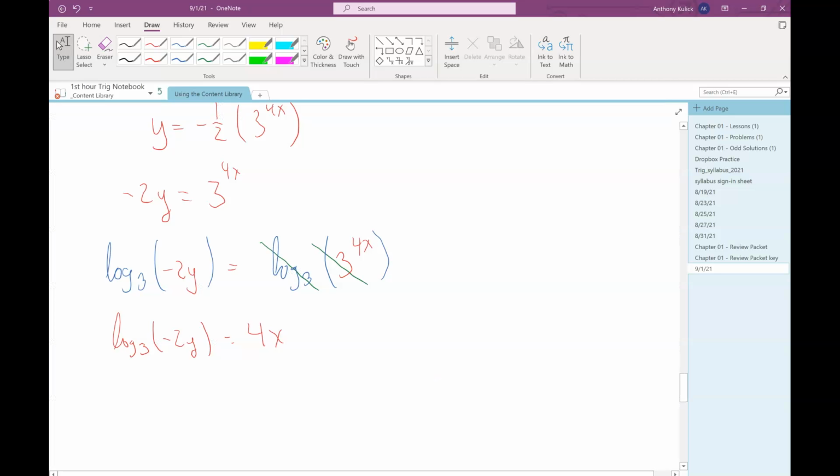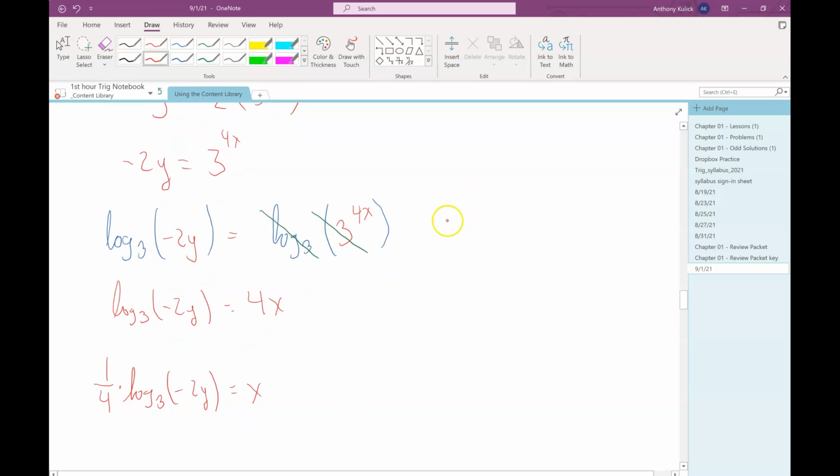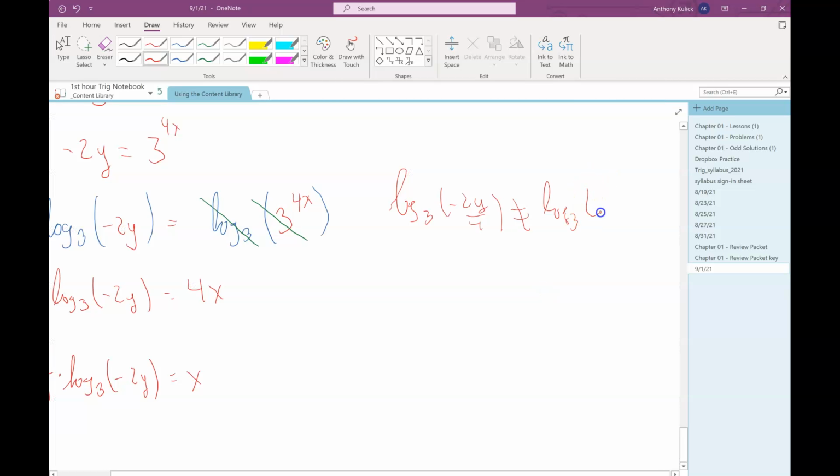Now, this is another case where I would probably write it this way, just because log base 3 of -2 over 4 is not the same as log base 3 of -2y all over 4.